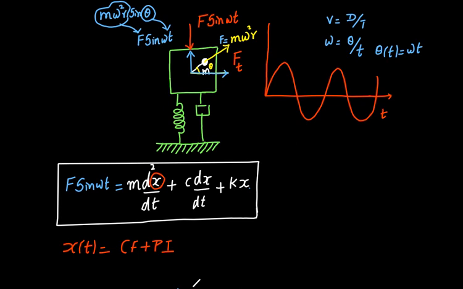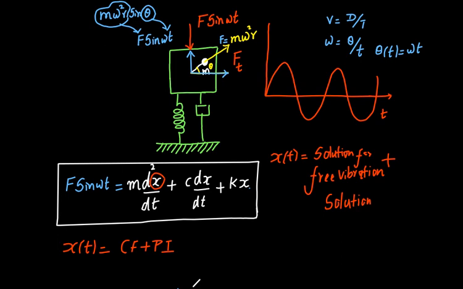So for this particular physical scenario, the solution x of t is the solution for free vibration plus the solution for forced vibration.